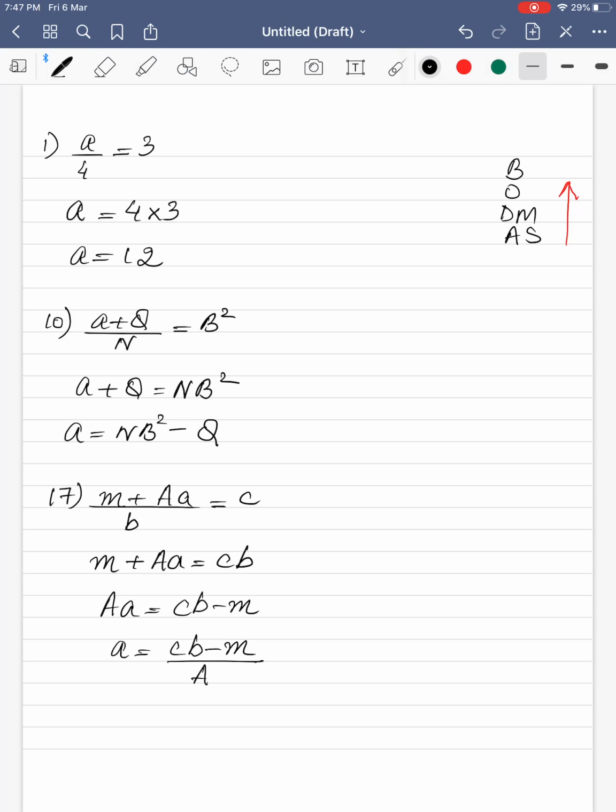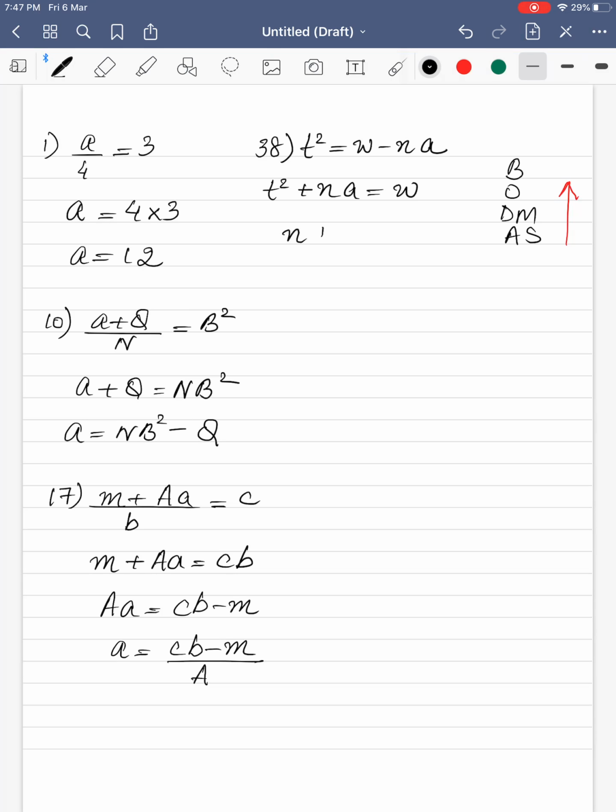Let's try question number 38. We have t square is equal to w minus na. Now the term containing a is negative, so we can bring the whole term to the other side. So we'll have t square plus na is equal to w.